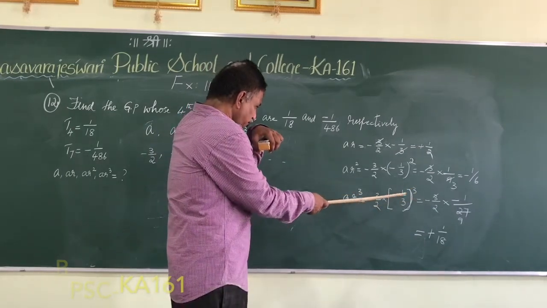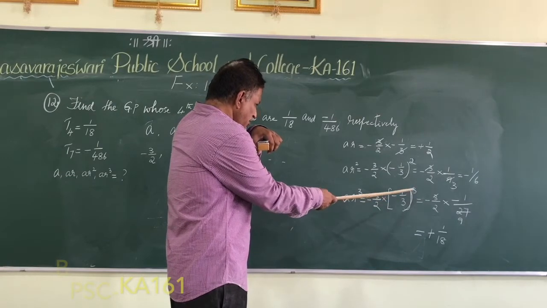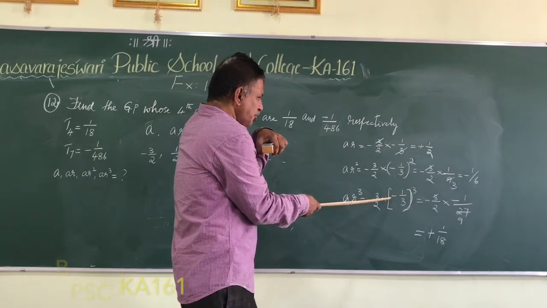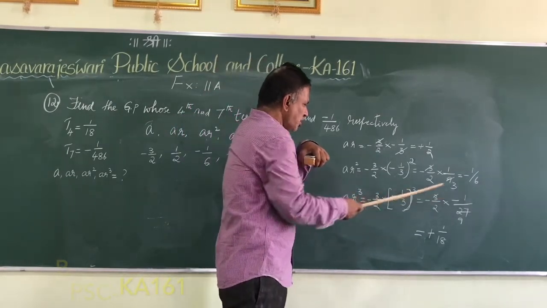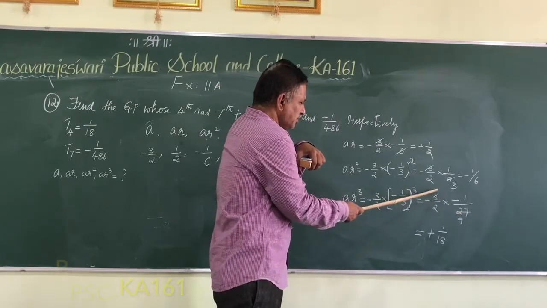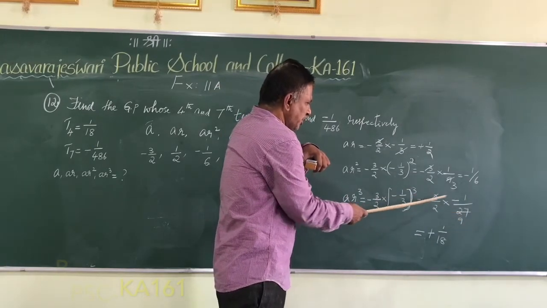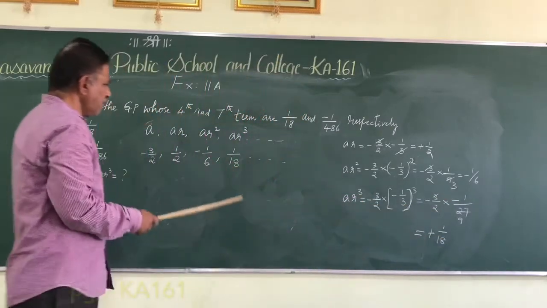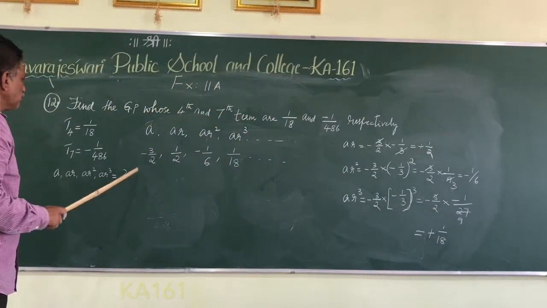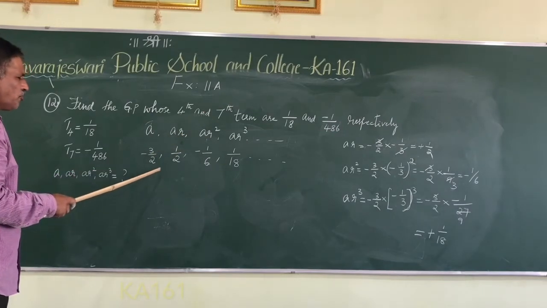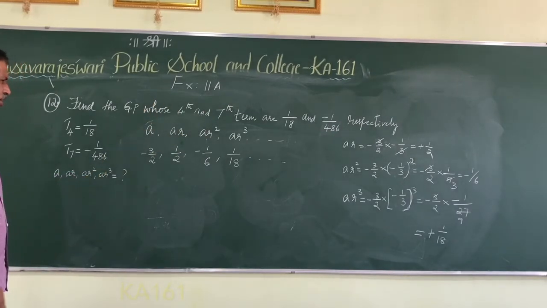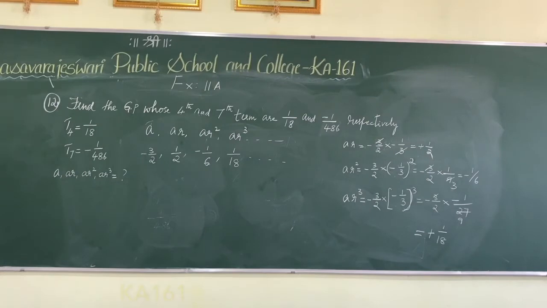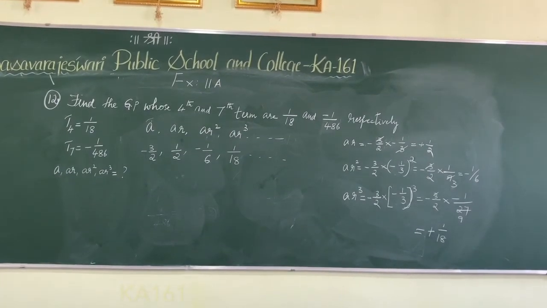Since it is power odd number, negative will become negative only. So 1 cube is 1. So 3 cube is 27. 3 1 time, 3 9 times, minus into minus plus 1 divided by 2, 9 times is 18. So that is the fourth term. So in the question of this type, you have to find out at least 4 terms. Yes, please note down.